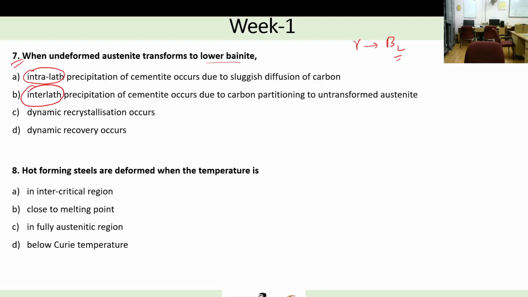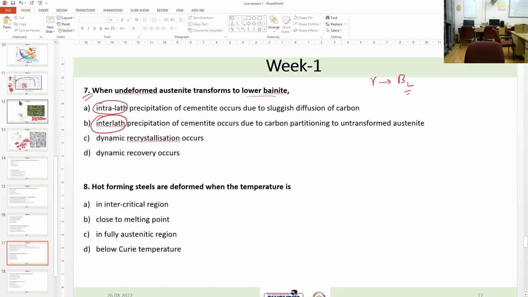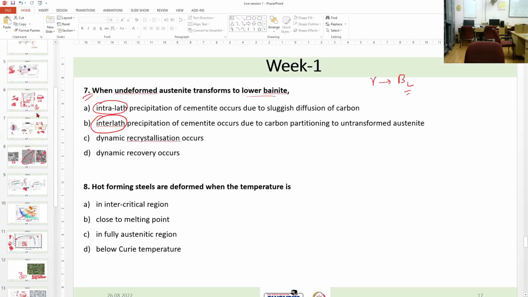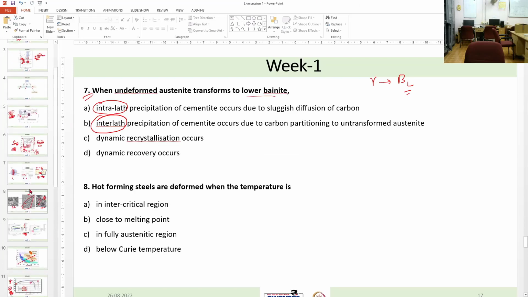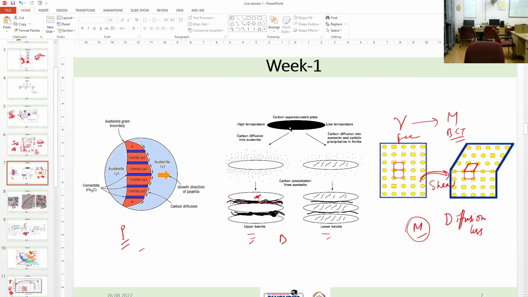This is the only trick here. I'll show you that diagram again, then you will recall it. I told you about the two types of bainite.